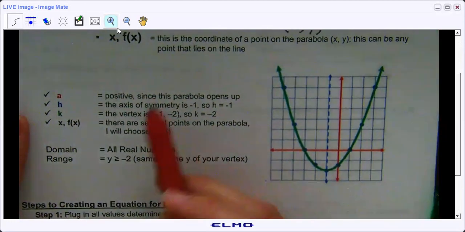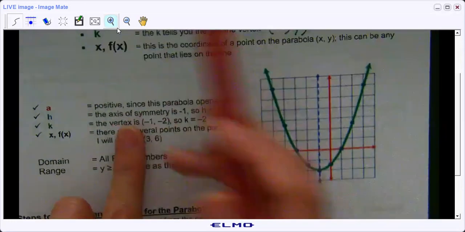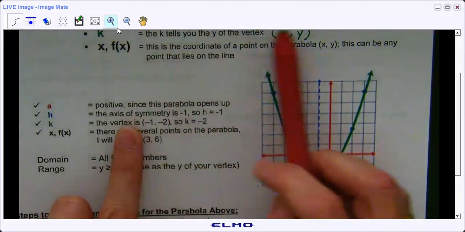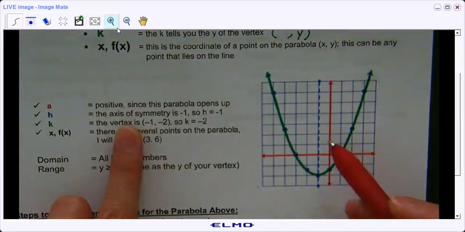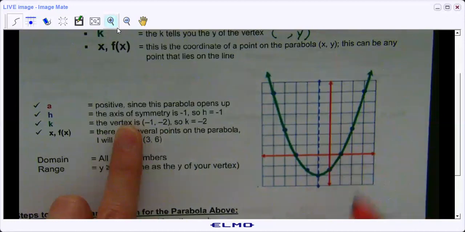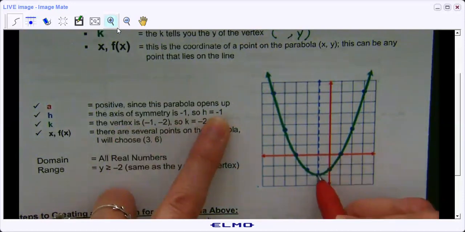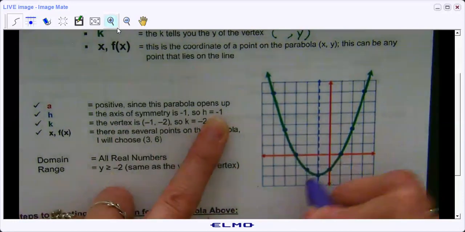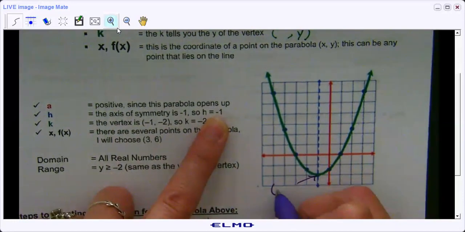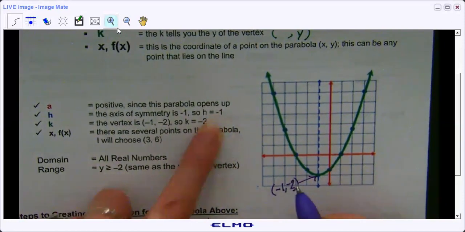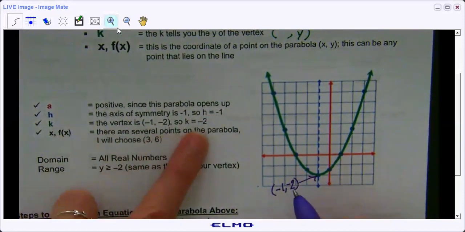If you look at H, remember H up here tells you the X of your vertex. So H here would be a -1 because that's the X of your vertex, and your vertex is right here, which is -1, -2. And then the K is the Y of your vertex, so it would be -2.